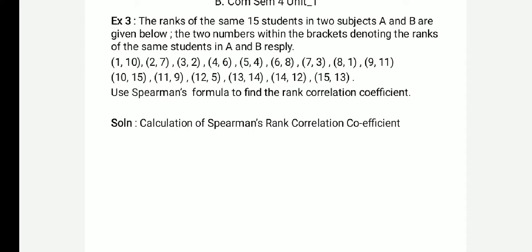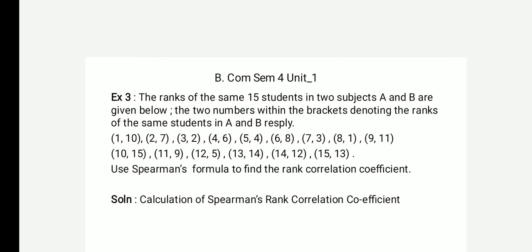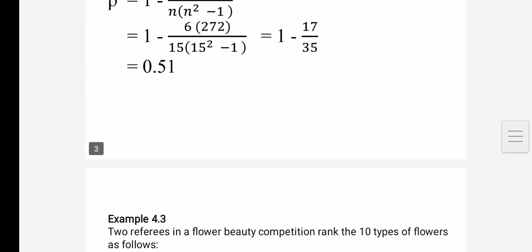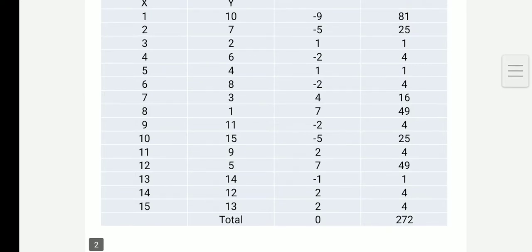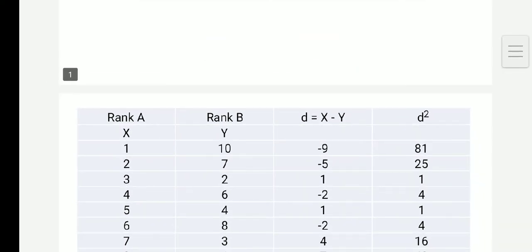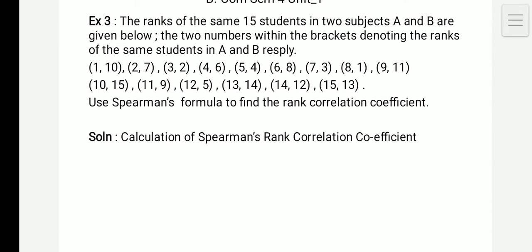The calculation of the solution is like this. The rank of A is given. In the first bracket, the rank of A is 1 and the corresponding rank of B is 10. For the second bracket, the rank of A is 2 and the rank of B is 7.